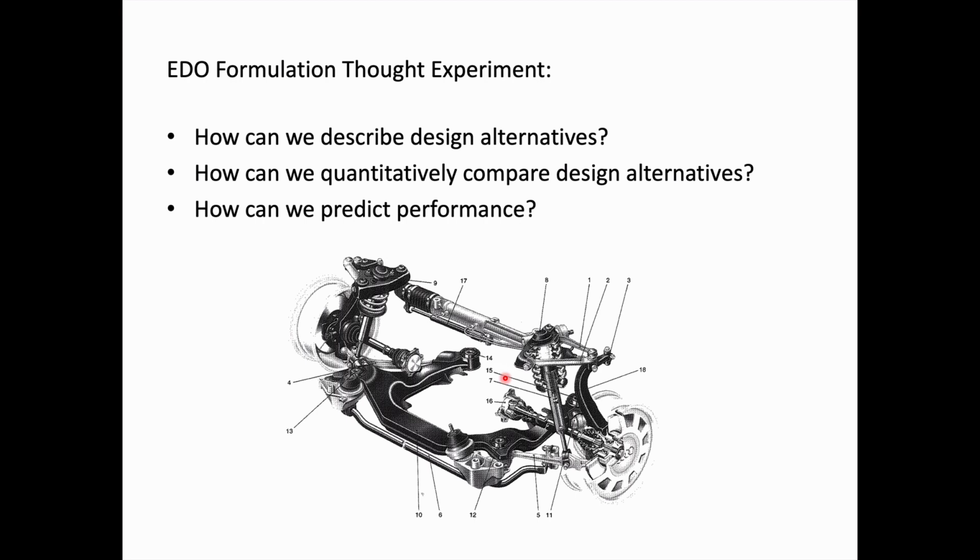And let's think about how we might answer these three questions. How can we describe design alternatives? What are some simple ways of parameterizing this design? Maybe we're only doing a few simple things like adjusting the stiffness of the springs or the damper.